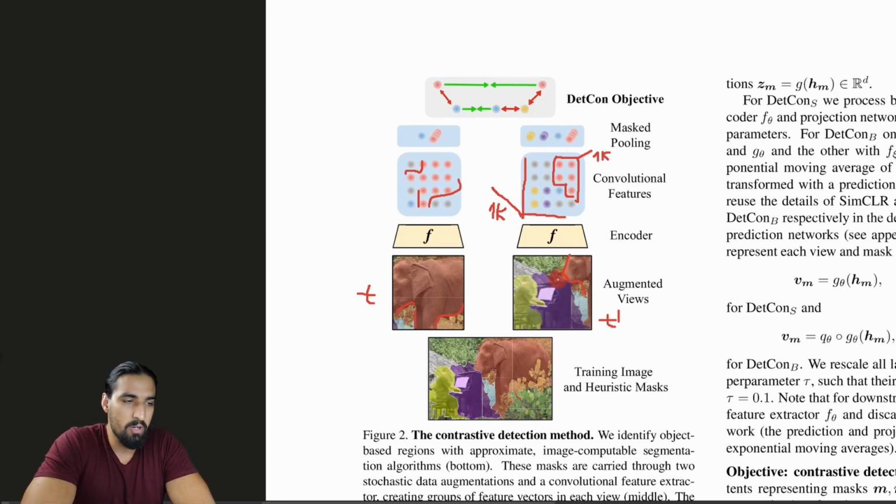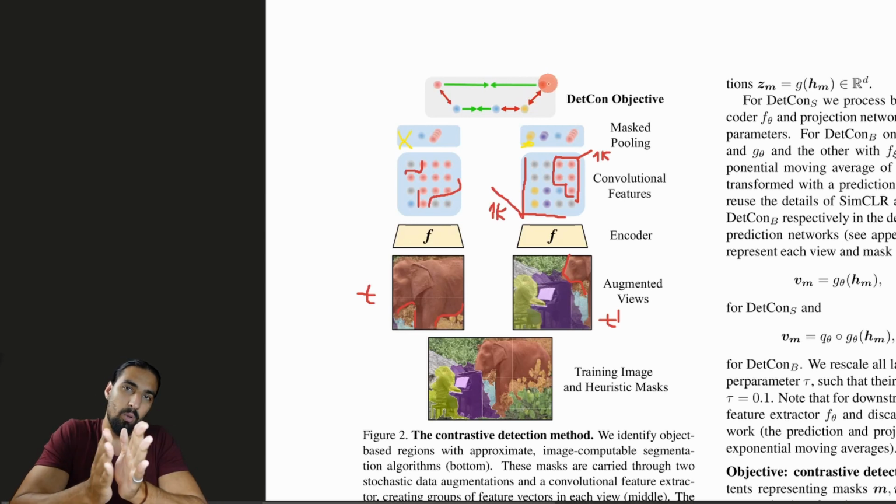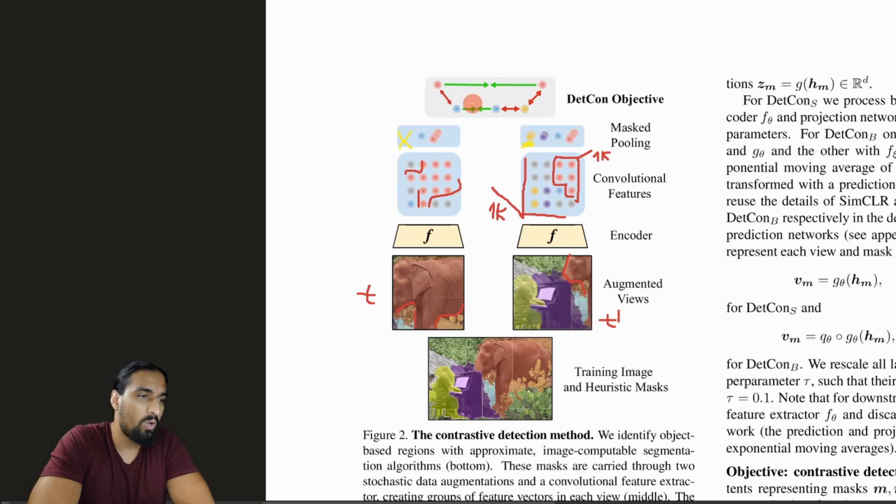Because this image had different augmentations compared to this one, here we still have this yellow object, whatever this is, like a human. So we have that vector here, whereas we don't have it here. Now the whole idea is the following. We want to make sure that the red vectors have a representation such that they are closer together in the vector space, whereas we want to push away the red from the blue vectors here.